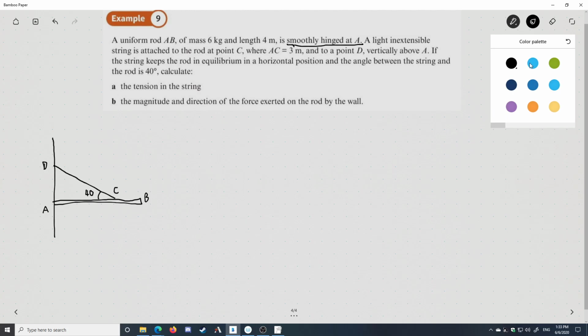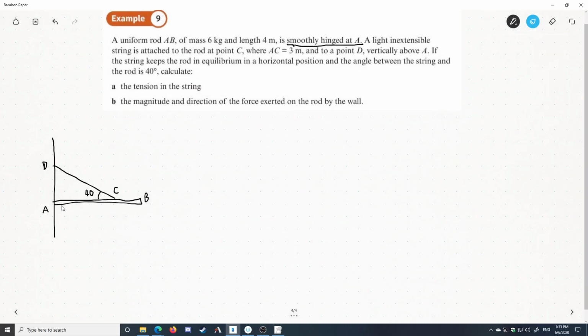So if we turn it into a force diagram, we've got the weight of the beam, we've got tension in the string, and this is where we now look at the smooth hinge. So if it was just resting on the wall, we'd have a single normal reaction perpendicular to the wall, but because it's smoothly hinged, the force can actually act in any direction.